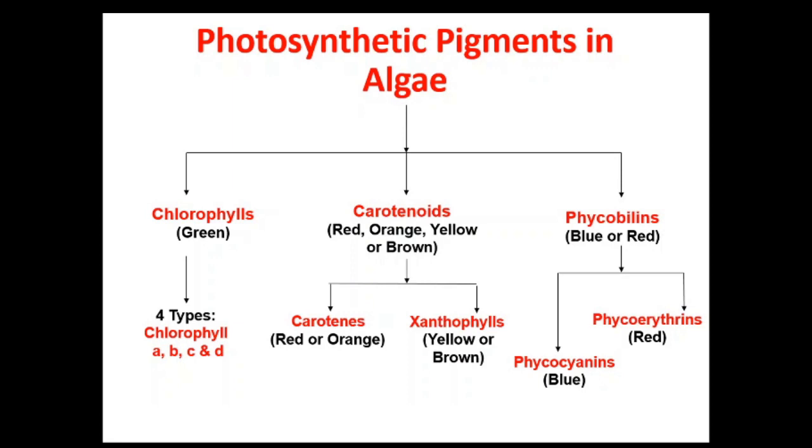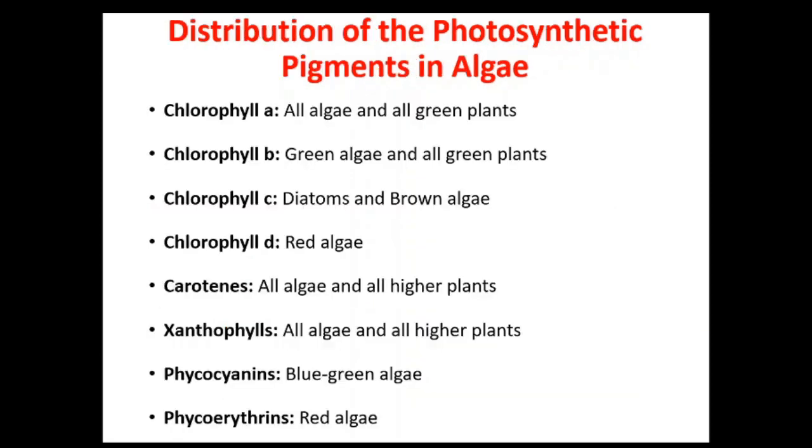The chlorophylls are the main photosynthetic pigments, whereas the carotenoids and phycobilins are the accessory photosynthetic pigments. The higher plants also contain these three categories of the photosynthetic pigments. Now let us see the distribution of these different photosynthetic pigments in algae.